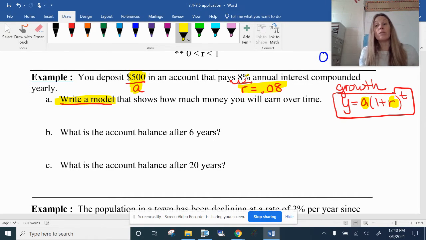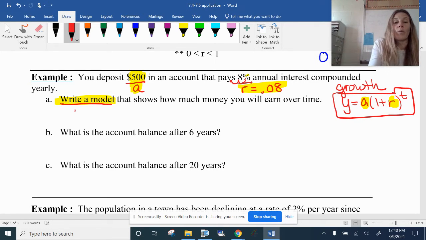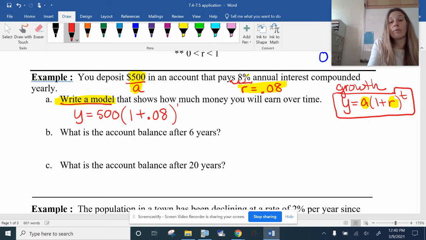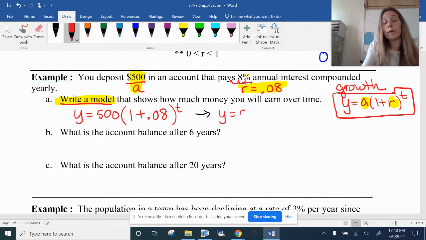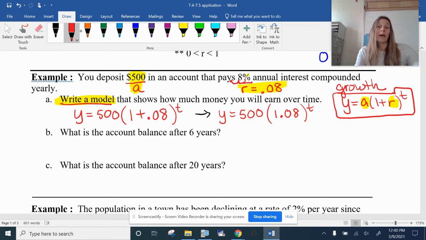You're creating a model that can be used for many, many values of T or X. So I'm going to have Y equals 500 times 1 plus 0.08 raised to T. And that can be simplified by adding up the numbers in the parentheses. 1 plus 0.08 will just give you 1.08, which makes sense as a growth factor because the number in there that's being raised to the exponent is larger than 1, which would confirm that this is growth.